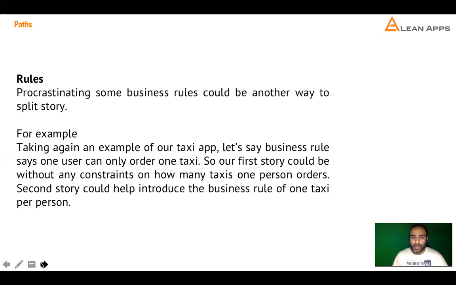It doesn't matter how many I'm booking, there is no business rule implemented. And that can go to the user, and they can use it as that. And then later on, we can have a second user story which introduces this rule, where if I'm in a taxi riding, till the time my driver confirms that I have paid, I cannot order another taxi. And this could go as a second user story.